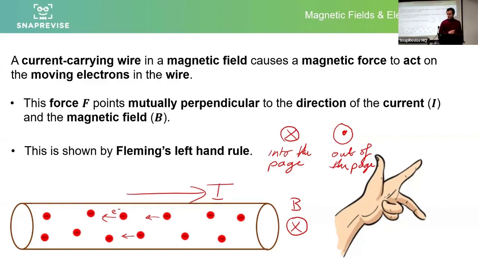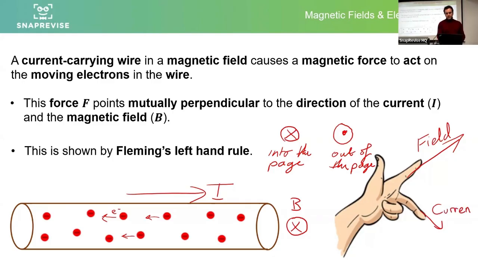Okay, how do we determine which way the force is acting? We align our first finger, our index finger, with the field. F is for field. Our second finger, our middle finger, so it's second, it has a C in it, we align that with the current.